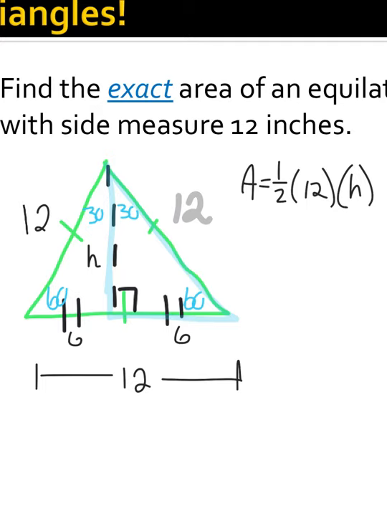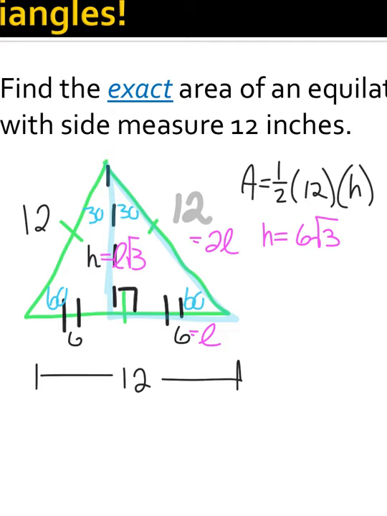In a 30, 60, 90, it's all in terms of the short leg. The short leg is across from the 30-degree angle, so this is L, this is L root 3, and this is 2L, which makes sense because it's 2 times 6, right? The hypotenuse is always double the short leg. So therefore, if I know L is 6, and the height is L root 3, the height of this triangle is 6 root 3.